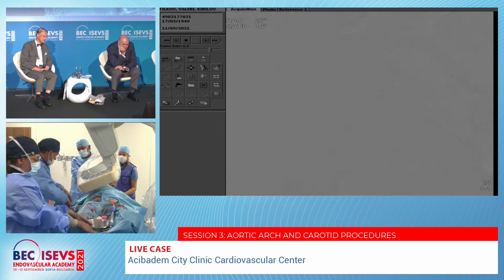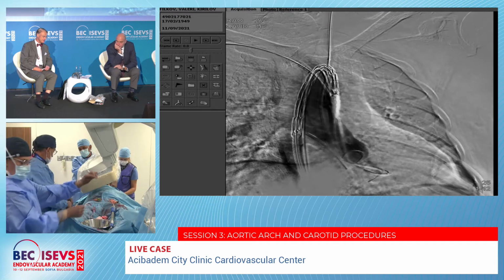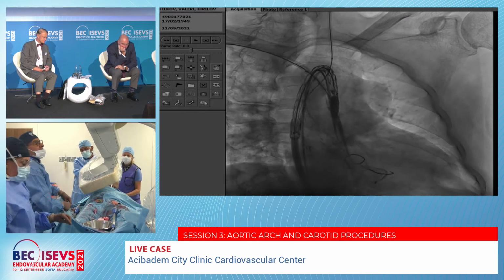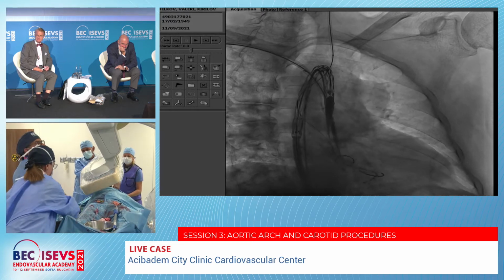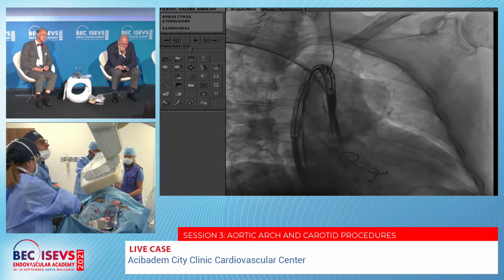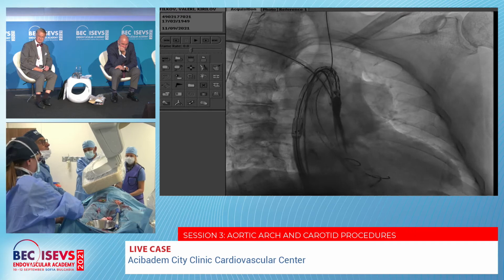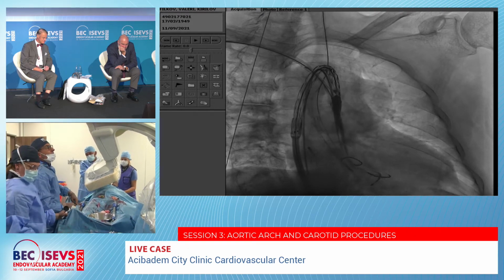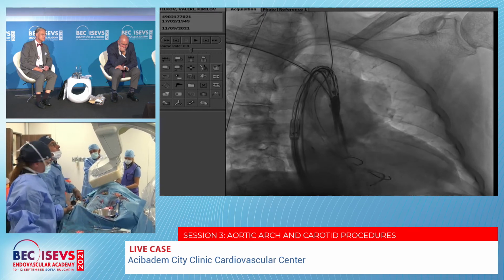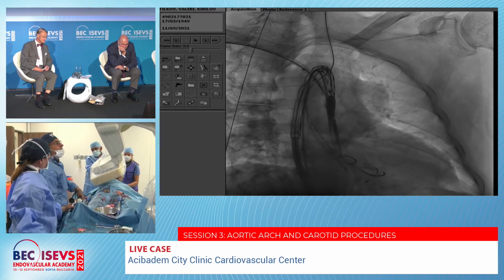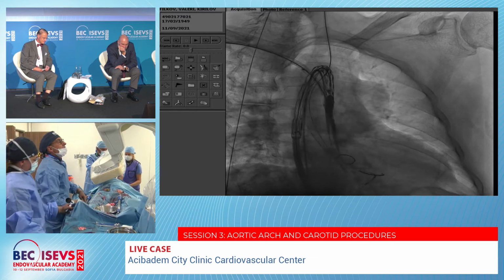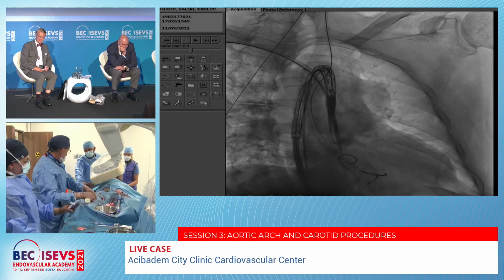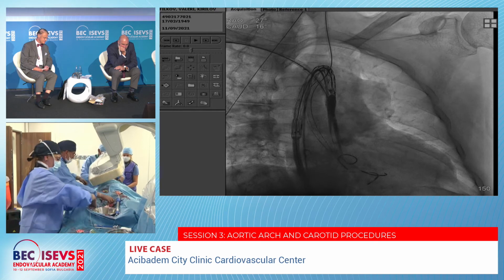Do you have a certain reason why you have chosen the Bentley and not something else? Yes. Price. And because the Gore grafts are not available in Bulgaria. We are not an interesting market for them.